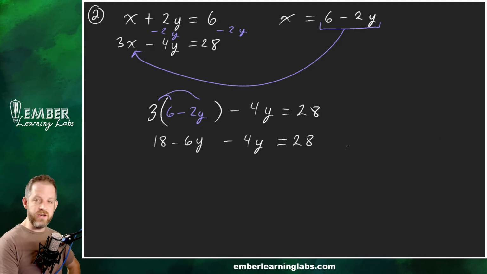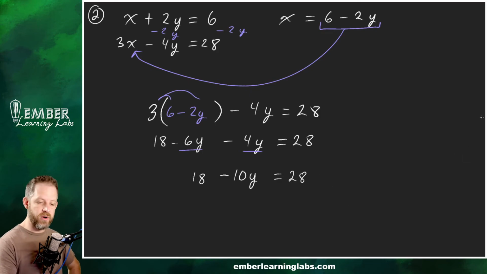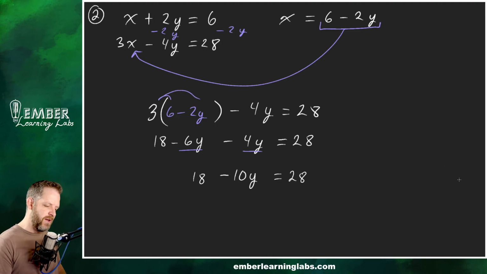Then we've got some like terms going on. We've got this one and that one. So negative 6y minus 4y is negative 10y. Bring down the 18. That'd be an easy thing to accidentally forget, right? Gotta make sure and bring down all the things that we haven't touched, even if it's on the end and we did something in the middle.